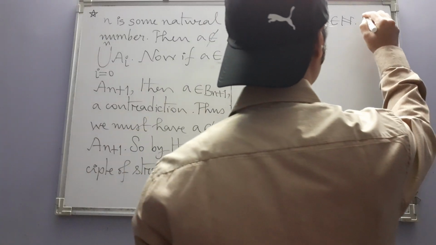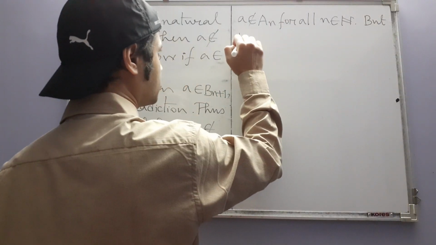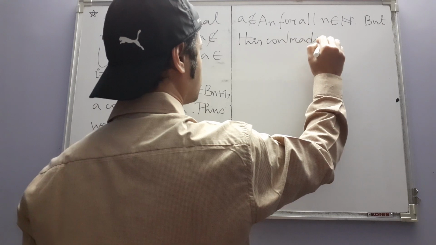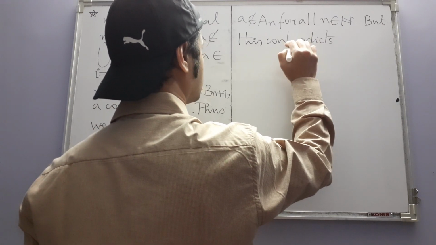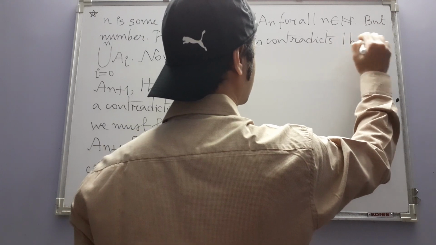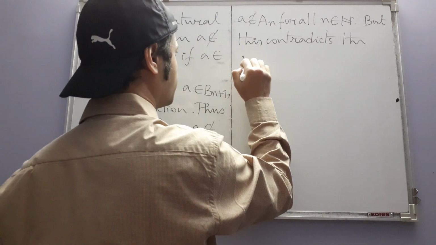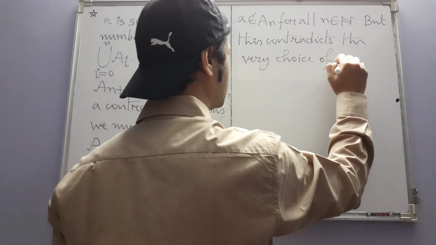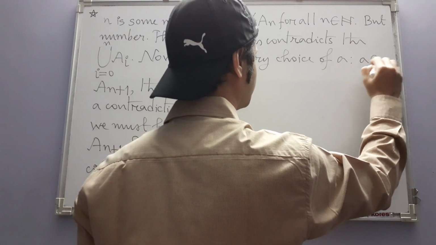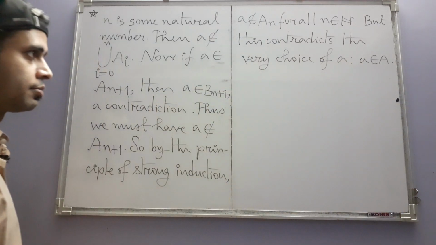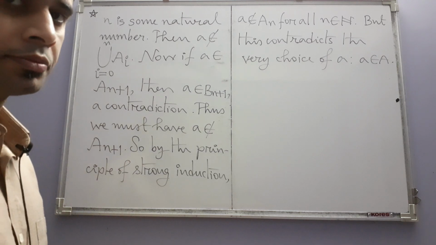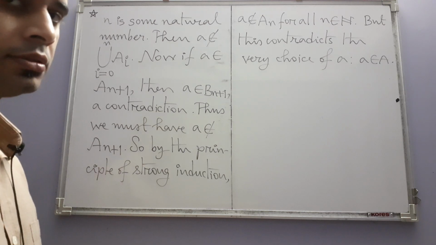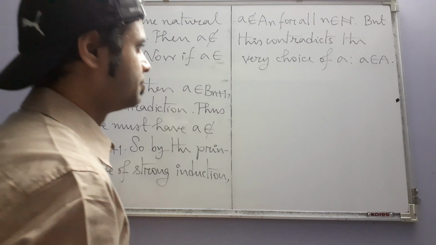But this contradicts the very choice of a, being an element of A. So what went wrong? Namely, the supposition that a is not in B. That is the root of all problems.